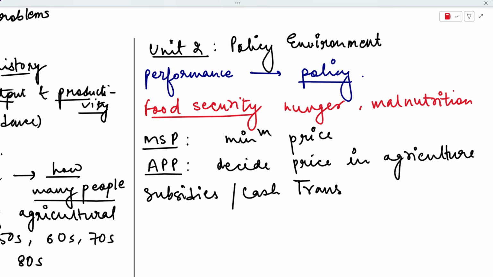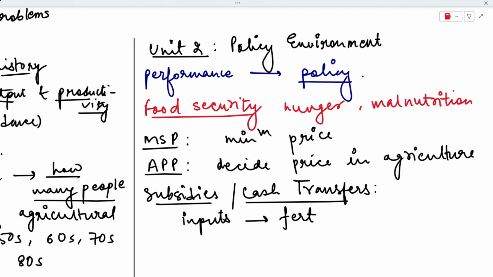We are going to discuss in detail what a subsidy is and what a cash transfer is, right? Should the government give farmers subsidies on inputs? What are the inputs in agriculture? We have fertilizer, we have electricity. Should the government give subsidies on these inputs, or should it just give them cash directly, which is the cash transfer part?